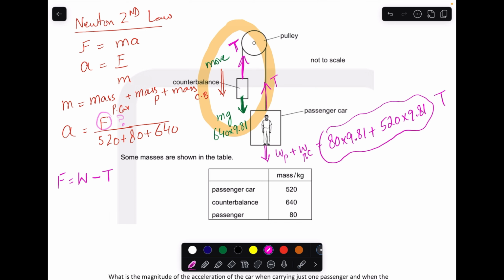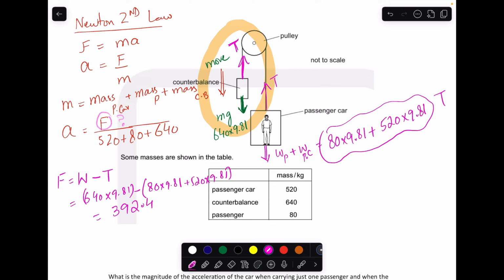Okay, we are considering this portion here. So weight is 640 multiplied by 9.81 minus 80 into 9.81 plus 520 into 9.81. Okay, so that will give you 392.4.